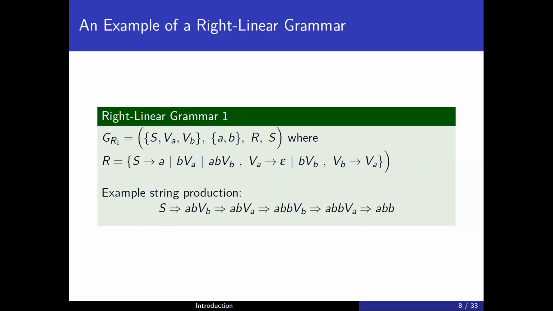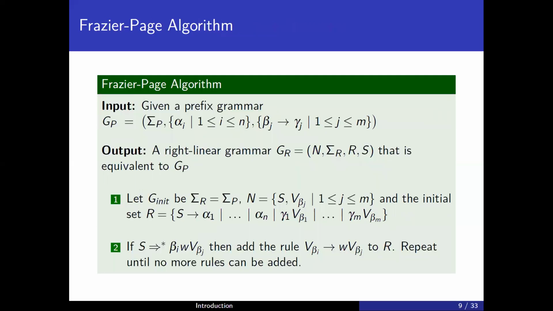Let's take a look at the algorithm that allows us to do this conversion. The algorithm was given by Fraser and Page and works as follows. We take a prefix grammar as an input, and our goal is to get an equivalent right linear grammar. We start by letting the set of non-terminal symbols in the right linear grammar be S, followed by a non-terminal for each left-hand side of the rules in the prefix grammar.